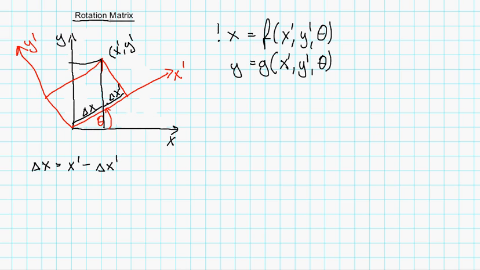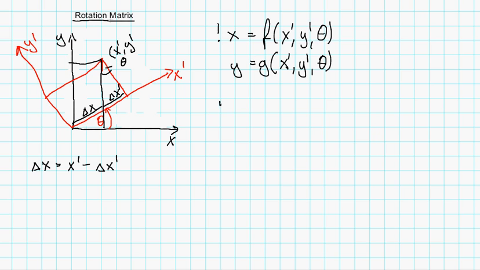Now, delta x prime, what is this length? We can see that the triangles are similar. So in this triangle the angle theta ends up here too. So here we also have an angle theta. This is a 90-degree angle, so this angle and this angle are the same.